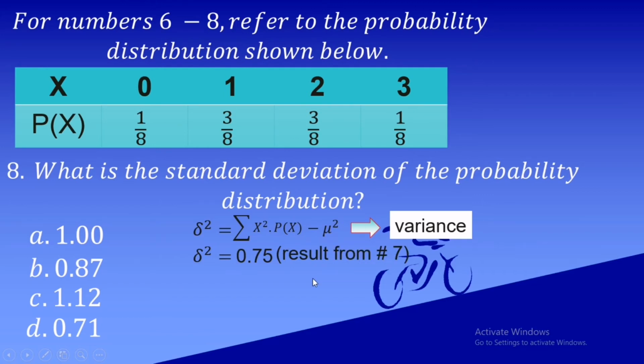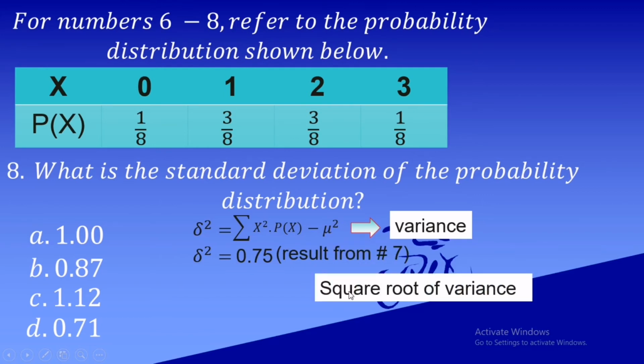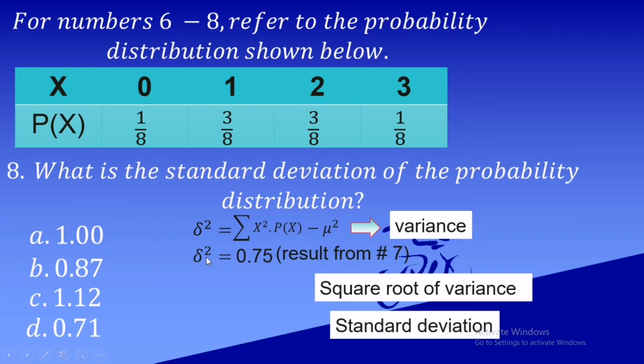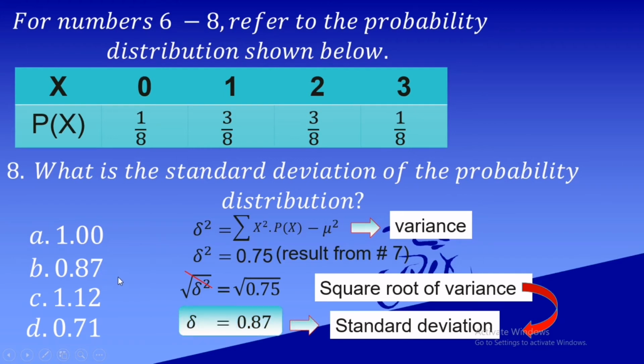The variance is 0.75, the result from number 7. Then the square root of the variance is the standard deviation. So let's square both sides. Cancel the square root and the 2, so it gives sigma equal to the square root of 0.75, that is 0.87, and that would be our standard deviation. So the answer is B.